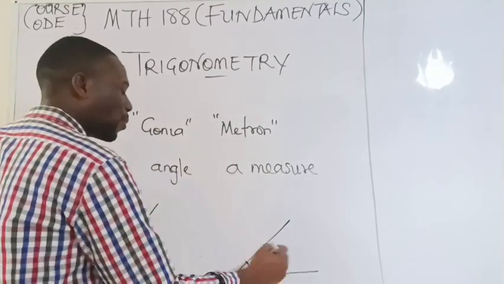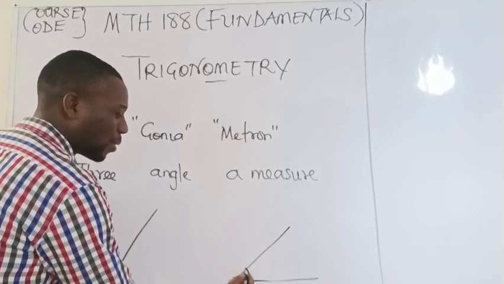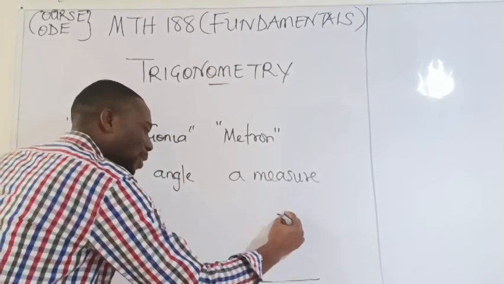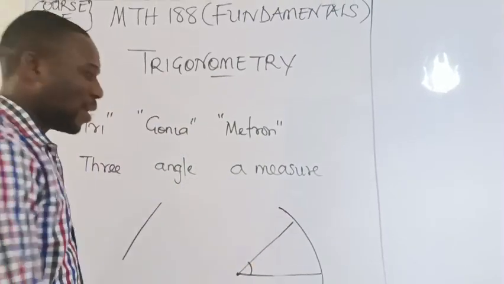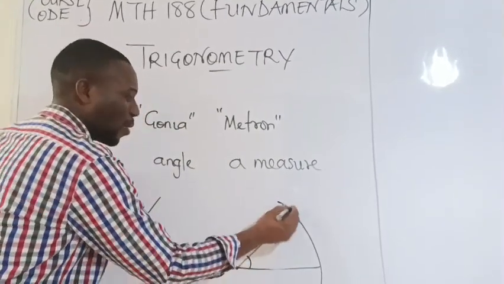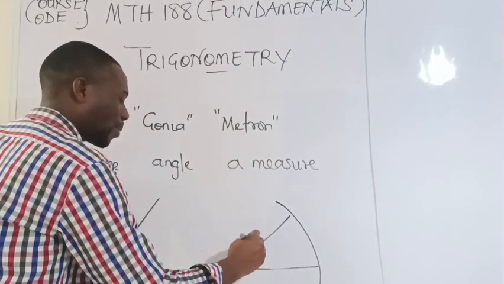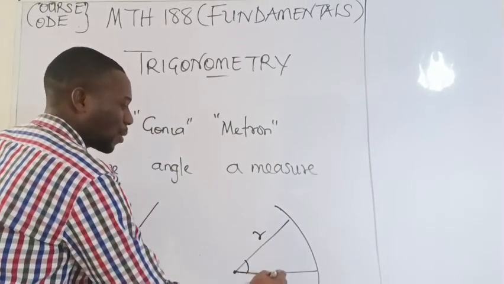So this angle formed could be measured in terms of a degree, or you could see it as a measure of this arc, and that's in radians, if we assume that I form a perfect circle now, like so, and this turns out to be the radius of the circle.